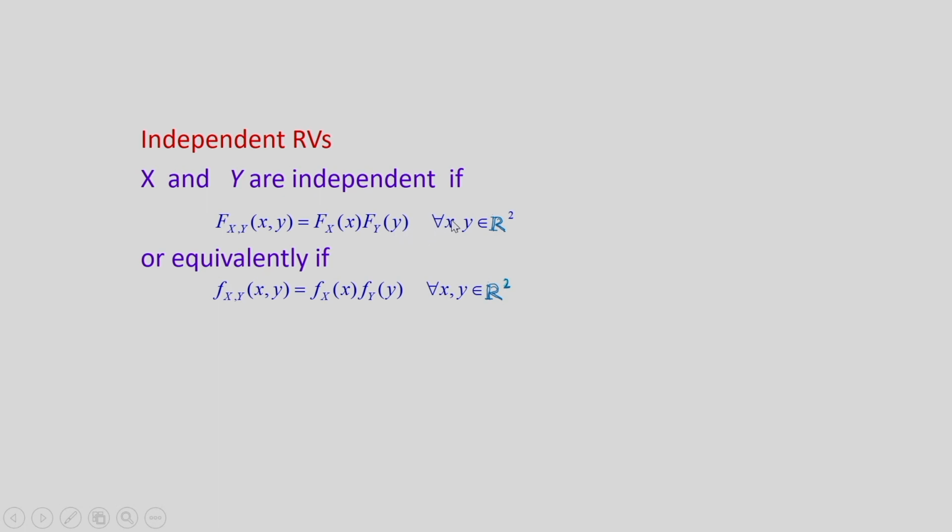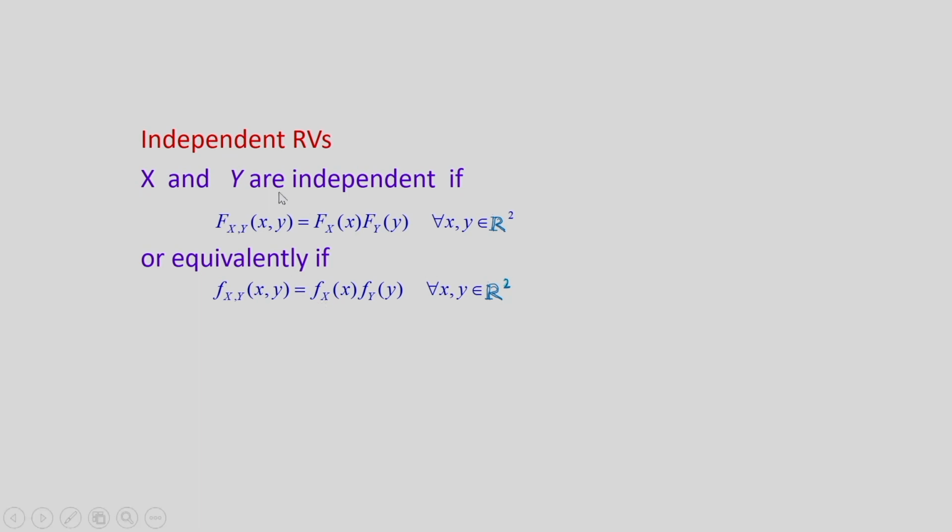This is true for all x, y belonging to R2. That way, this is a very strict definition, because this relationship should be valid at every pair of points x, y belonging to R2, or equivalently, in terms of PDF, the joint PDF is the product of the marginal PDFs.